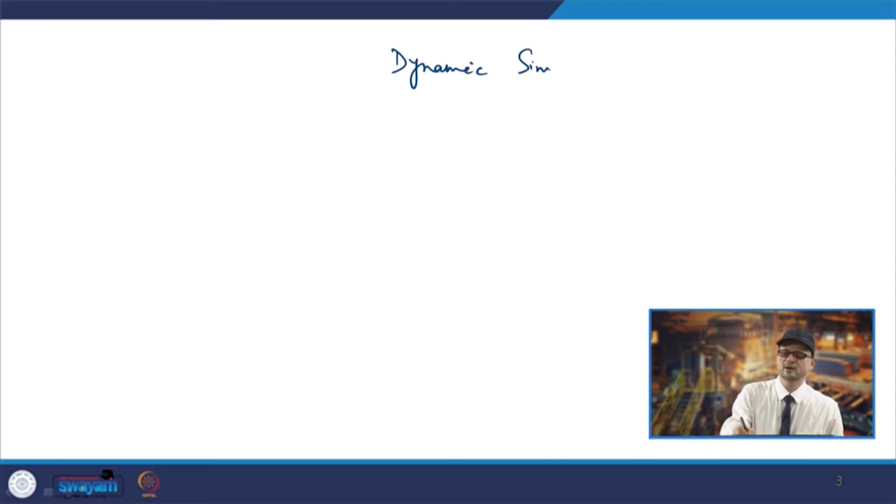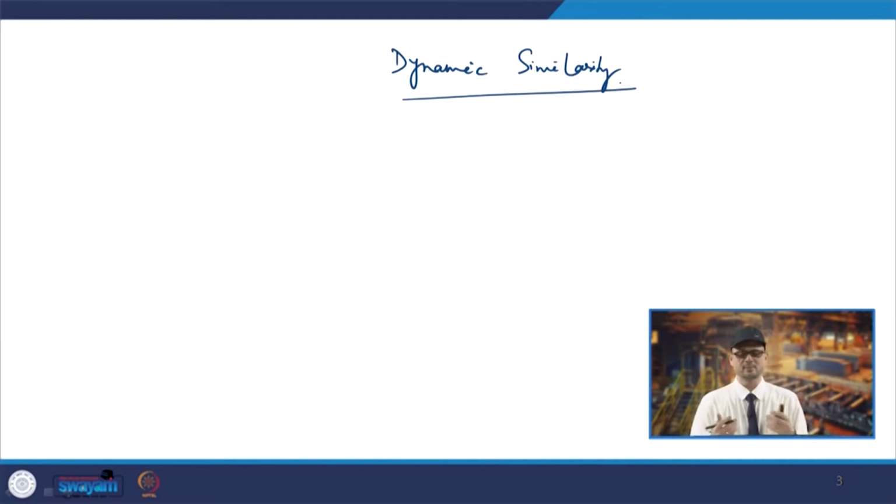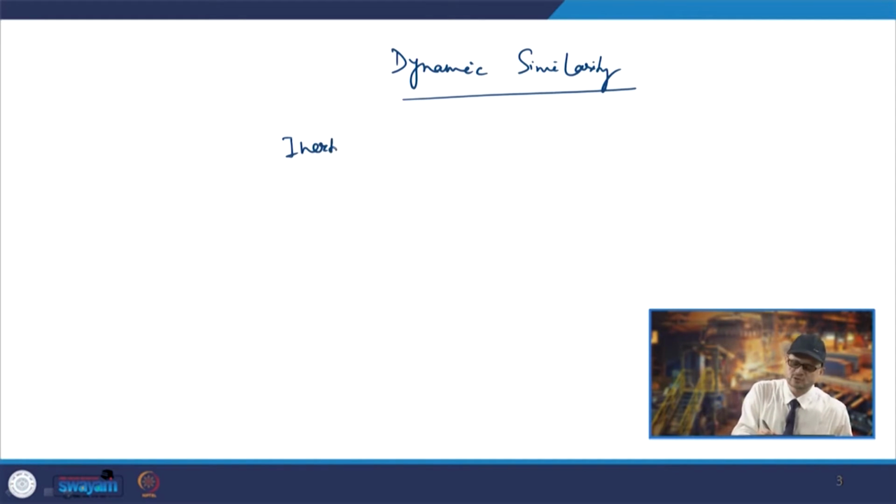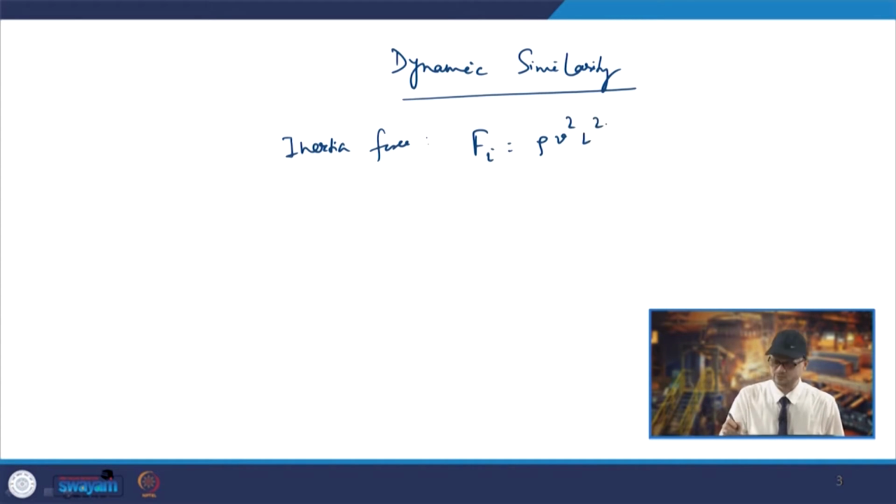So, if you talk about the different types of forces, when we talk about the flow in steel making, you normally have some common types of forces. Suppose you have the inertia force. Inertia force is normally denoted by Fi, and it will be rho into V square into L square.